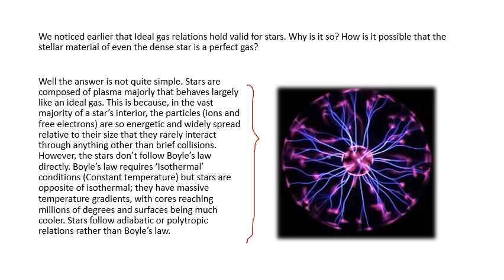So actually stars follow adiabatic or polytropic relations, and as per thermodynamics, we can't really follow Boyle's law exactly inside a star, and therefore we see the mass luminosity relations and opacity also varying as the mass changes.